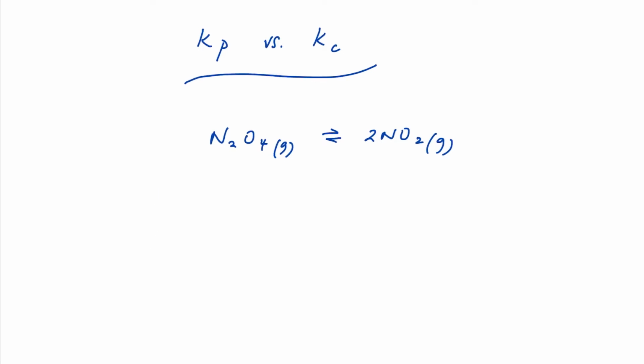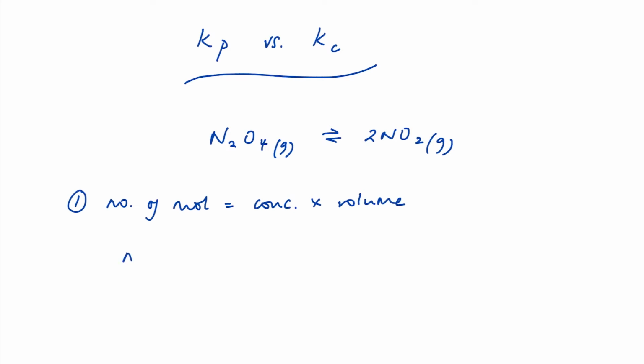The link is in the way that we can work out the number of moles of gas in our system at equilibrium. Now, we can calculate the number of moles of a gas in two ways. Firstly, the number of moles of a substance is equal to the concentration times the volume.